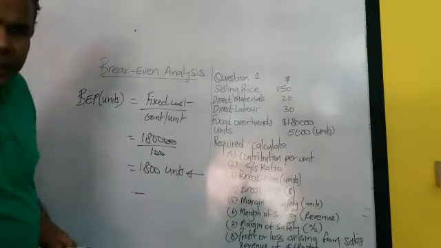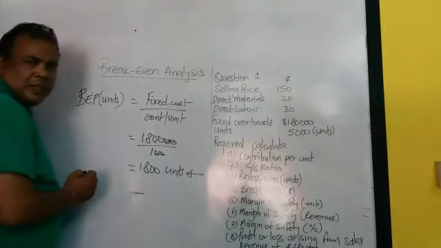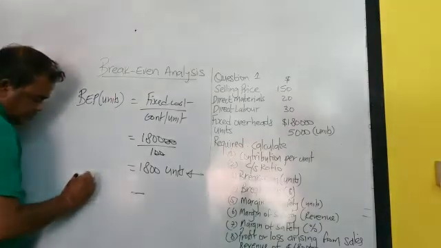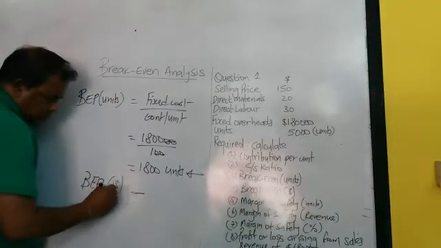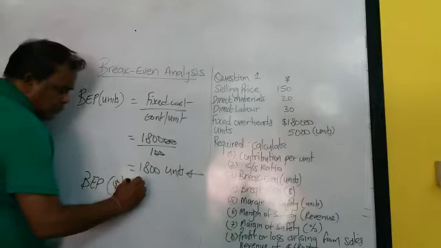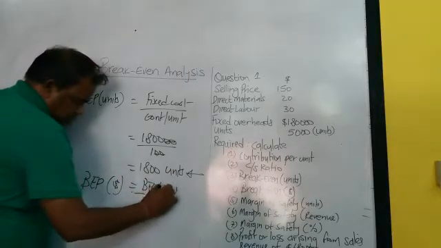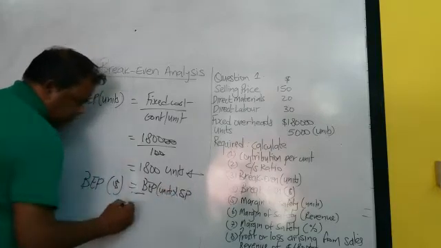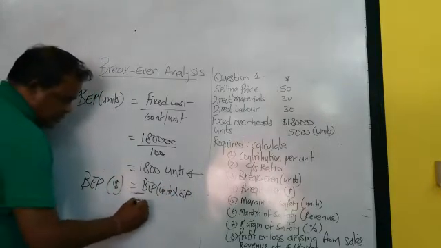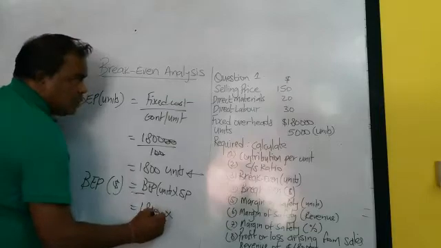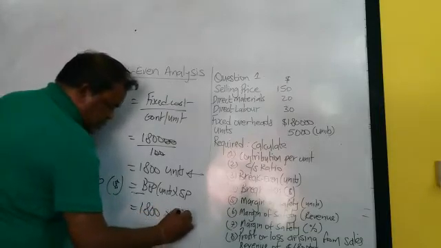Now, how do we calculate break-even revenue? We can use this formula: break-even units times selling price. What is the break-even units? 1800. What is the selling price? 150.